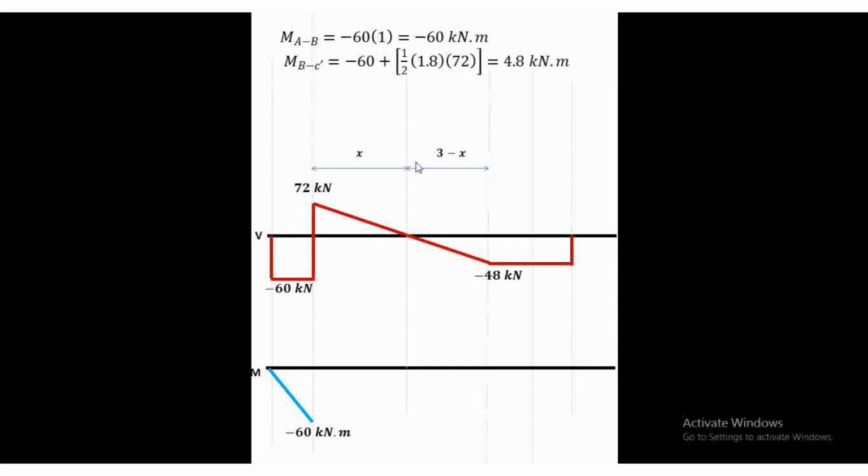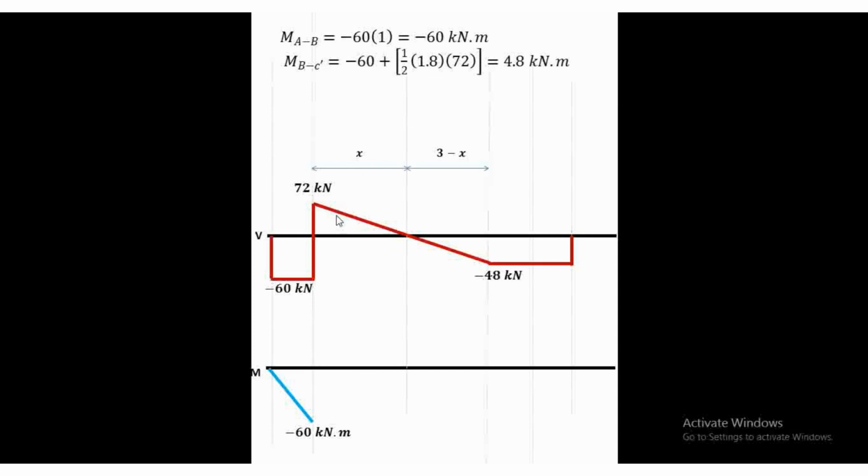This C prime is itong location ng ating point of inflection, or itong nag-0 na to. That will be our C prime. So again, nag-end ako kay 60 kilonewton meter. This time, itong area between point B to C prime is a triangle.